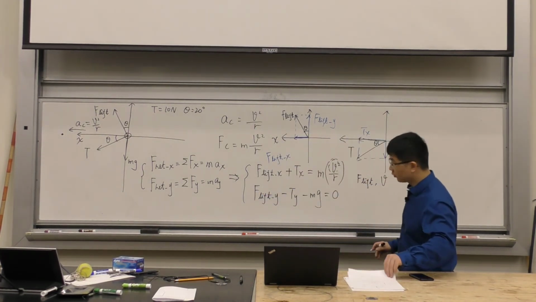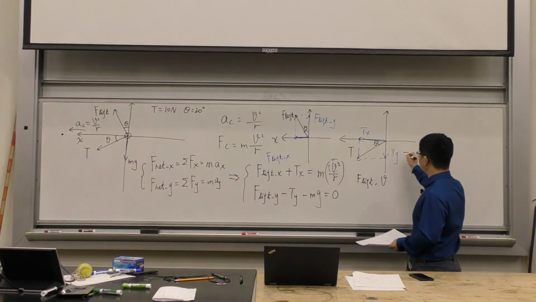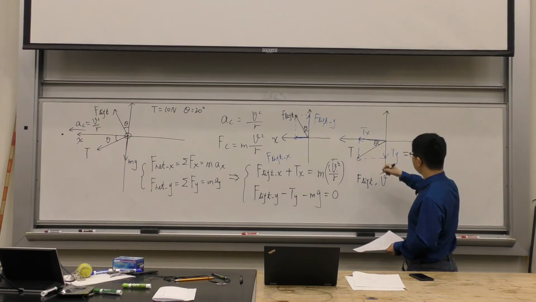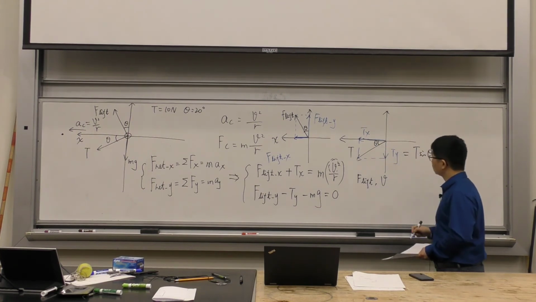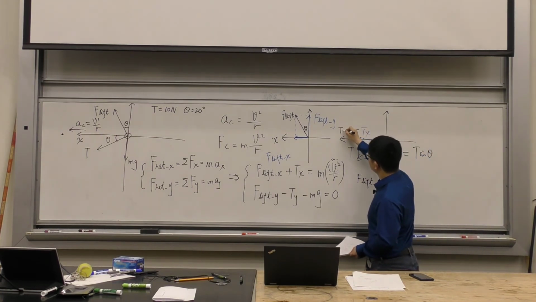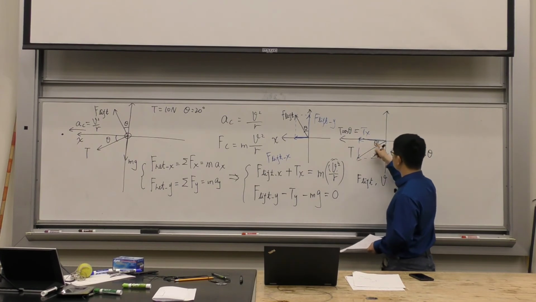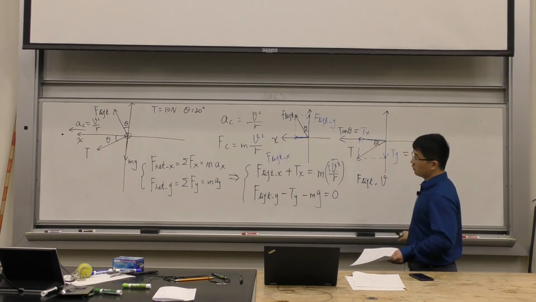Let's see, how do I find this component? So this Ty, if this is the theta angle, Ty must be T times sine theta, right? And if this is the theta angle, Tx must be T cosine theta. That's because Tx is adjacent and Ty is opposite to theta. What about this lifting force?